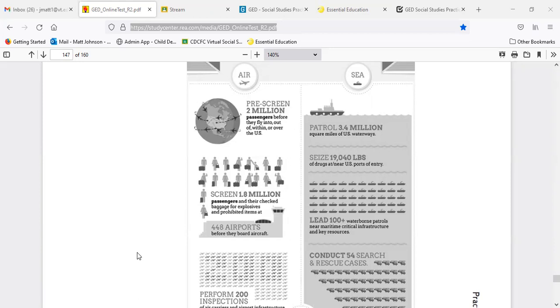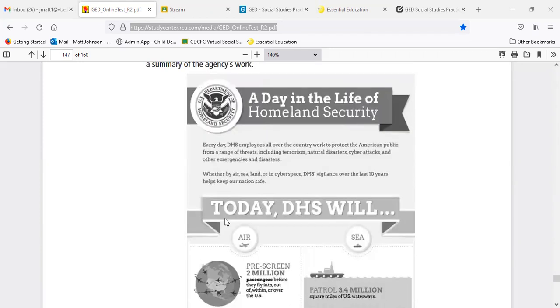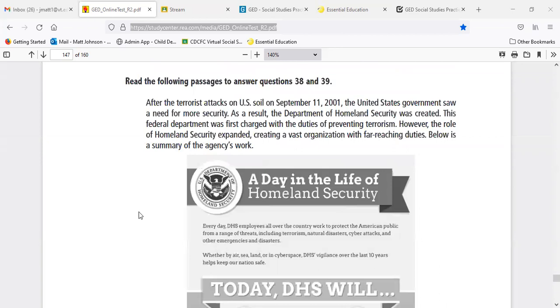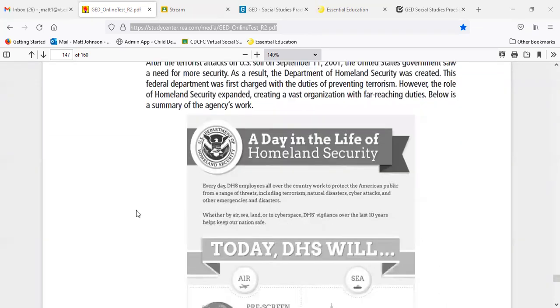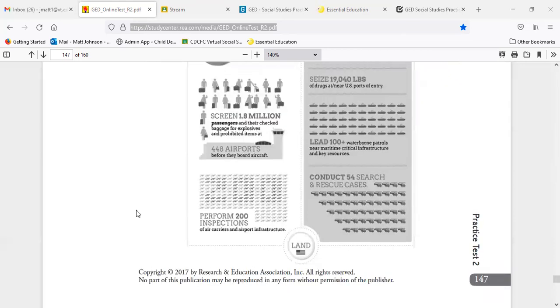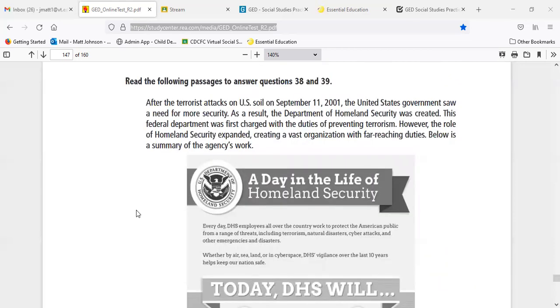It just uses pictures like a pictograph to represent information. So more along the lines of a pie chart, a lot of times, is the way to think about it, because they'll have representations to show you. We'll talk about it here in a second. So this information is for questions 38 and 39. It is a little light and a little small, so we'll see how we do here.